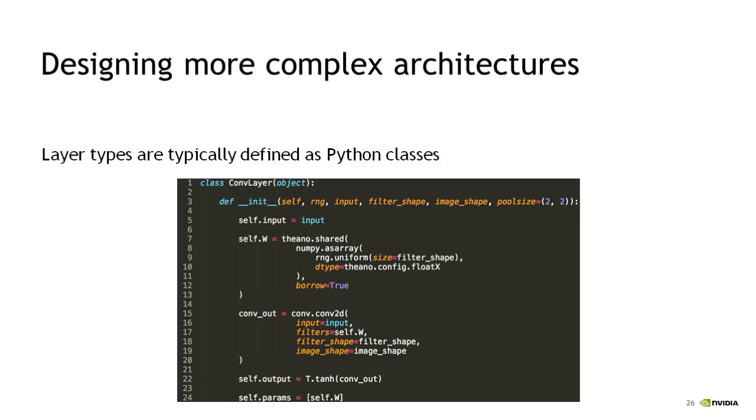Again, it's not important to understand all the code here, but what you're seeing is that we would give the class an initialization method that would take some input data. It would randomly initialize W here, the convolutional filters that are going to be applied to the input data.